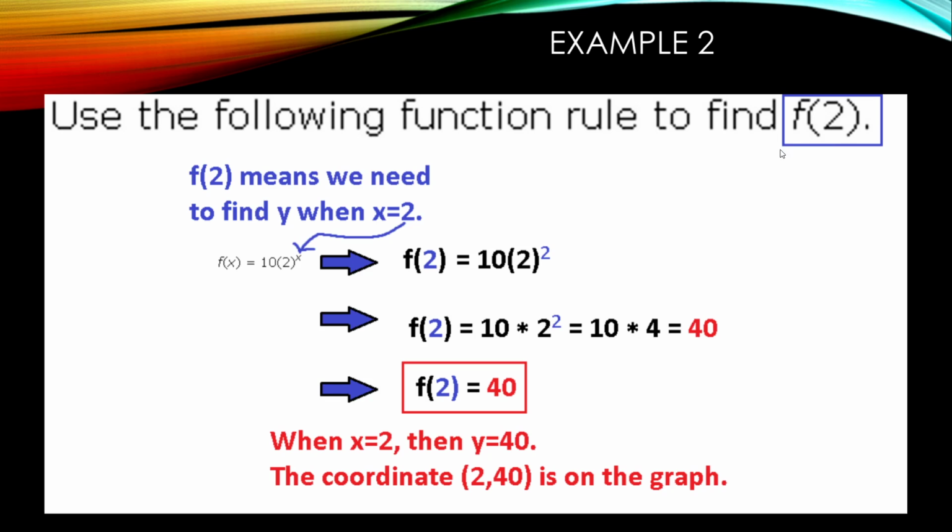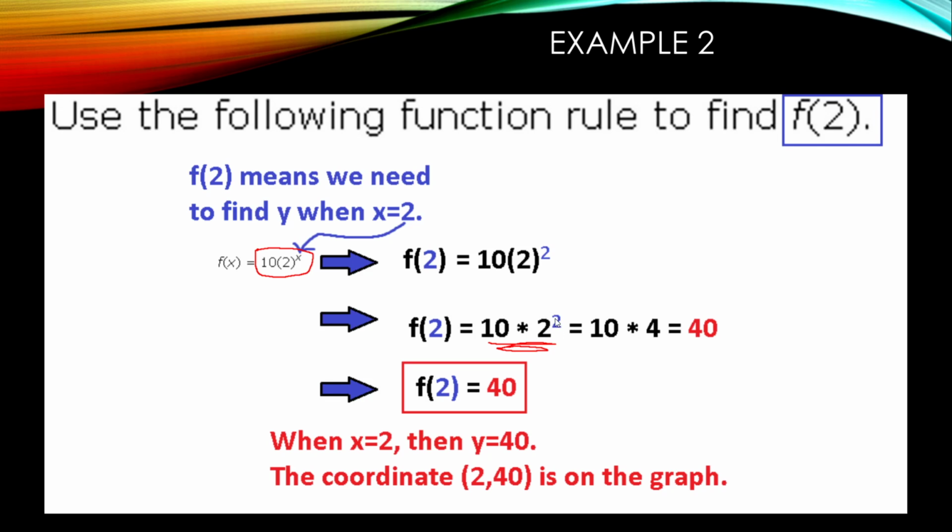Use the following function rule to find f of 2. F of 2 means we need to find y when x is 2. So we swap a 2 for that x. Right, so we put a 2 right here. Now we have 10 times 2 squared. Well, 10 times 2 squared, you can kind of rewrite it like this. Maybe that looks something you're a little more comfortable with.